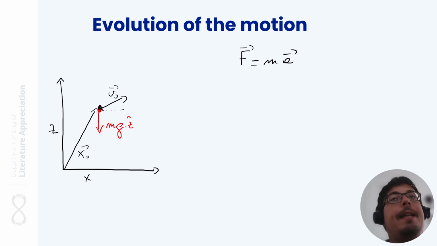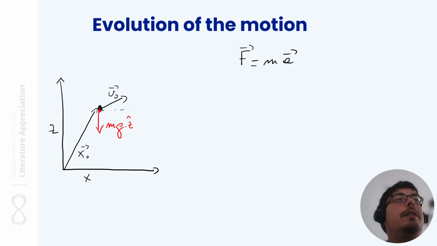It expresses the fact that if there is an acceleration, we have a force that changes the motion in that direction. And this is a vectorial equation, as you can see from the arrows, so we need to consider the two directions.